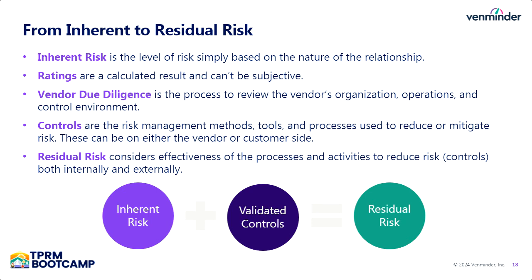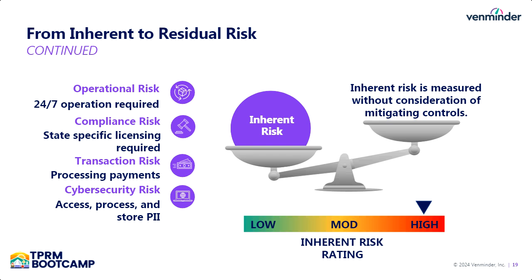So let's look at how this actually works. All right, let's look at an example. In this example, we have a vendor that would have very high inherent risk. And that would be because there is high operational risk. We need them to be open 24/7. They also have very high compliance risk because they need state-specific licensing.